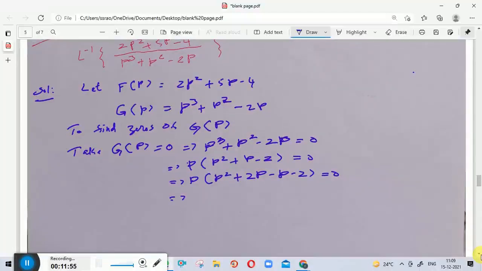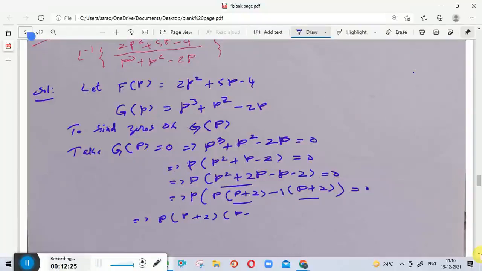So that implies p into, taking p common here, p plus 2, minus 1 common, again p plus 2 is equal to 0. That implies we have p, taking p plus 2 common, into p minus 1 is equal to 0.